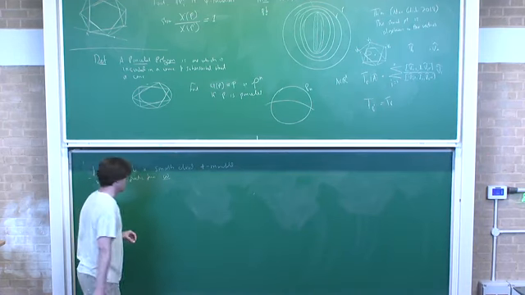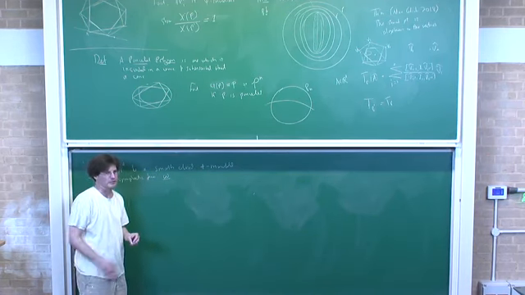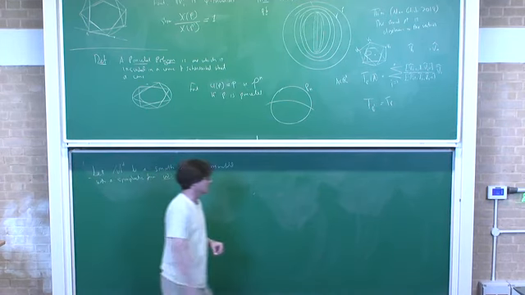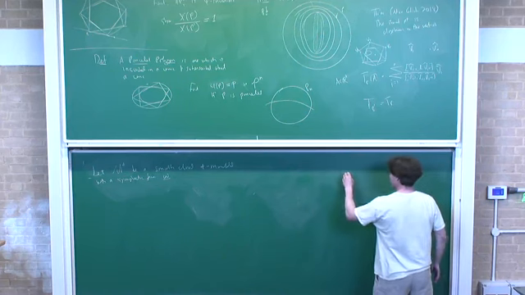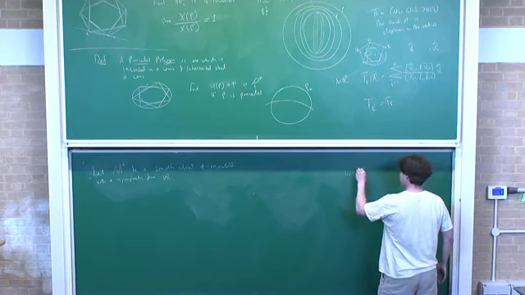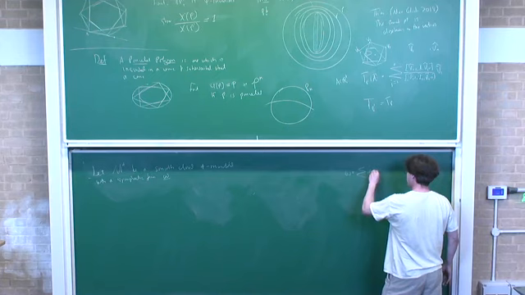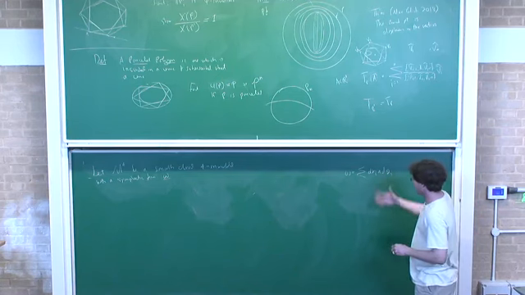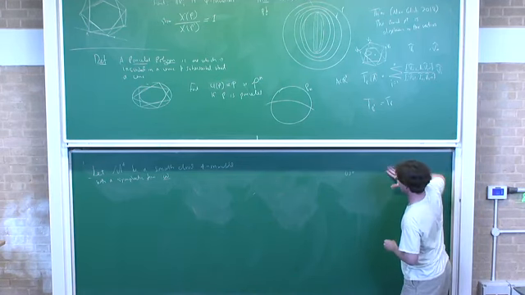What omega is, is a closed non-degenerate 2-form. Now, if you don't like these things, so on R4, let me just be really explicit.